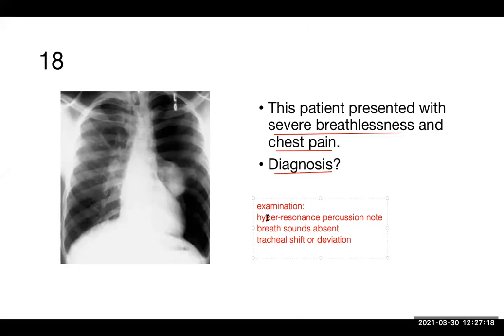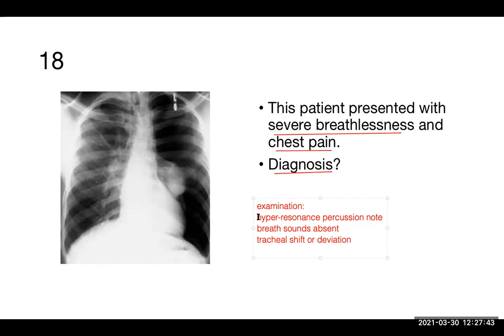So to remember this easily, always follow the particular pattern: inspection, palpation, percussion, auscultation. You'll never forget after that. In inspection, that side of the chest doesn't move. The patient is breathing, but that side of the chest wall is not moving. This is the inspection finding.